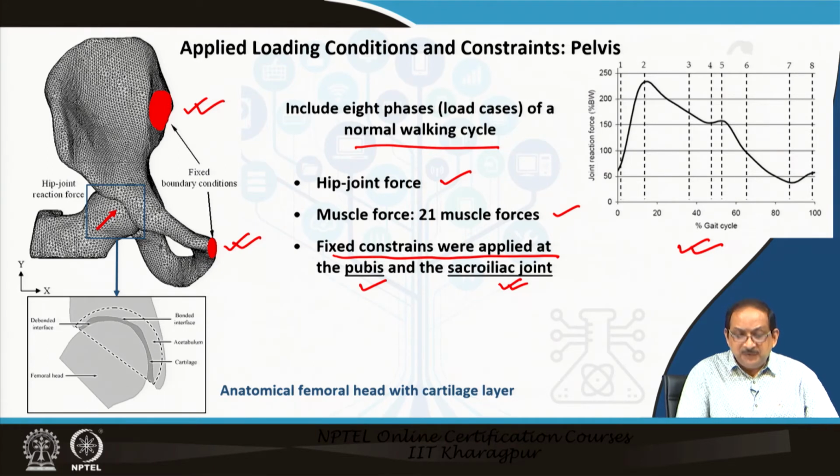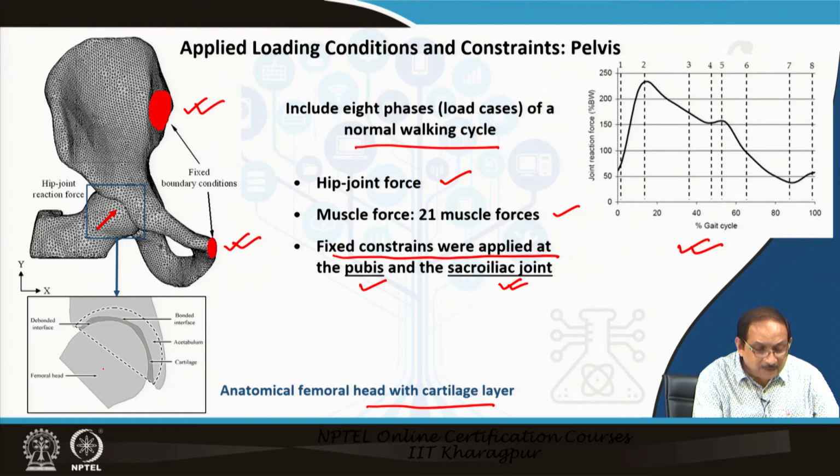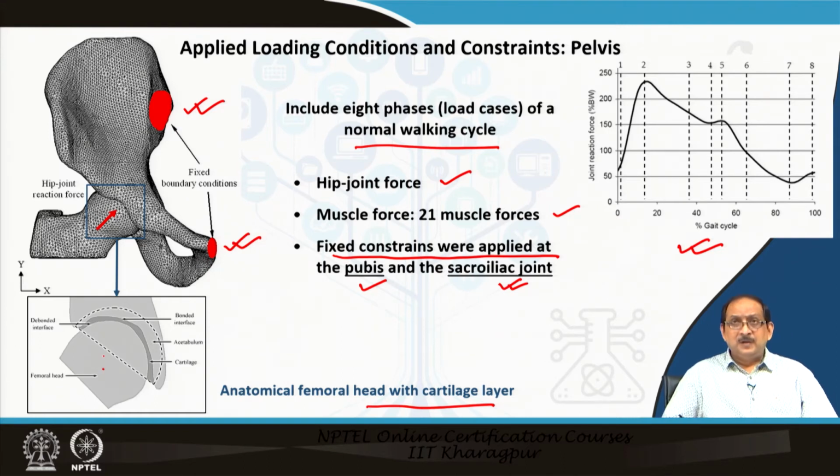An anatomical femoral head with a cartilage layer was also included in the model in order to apply the hip joint reaction force from the center of the femoral head onto the acetabular cavity.